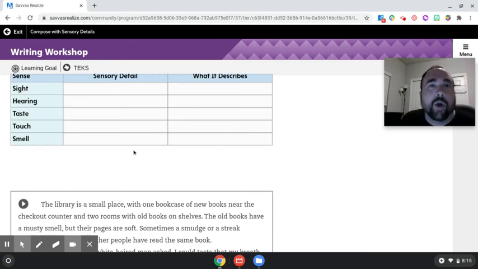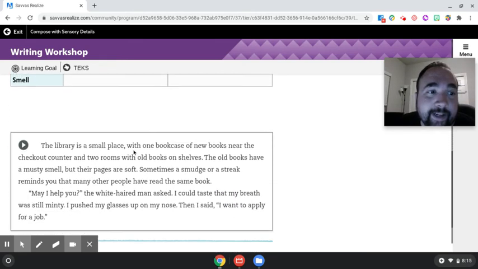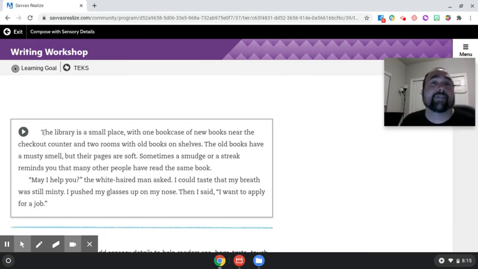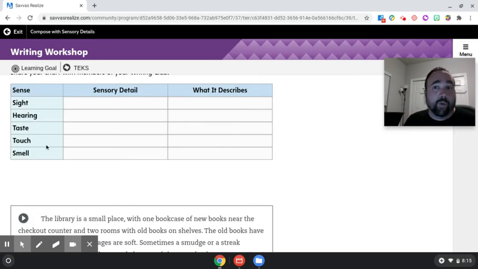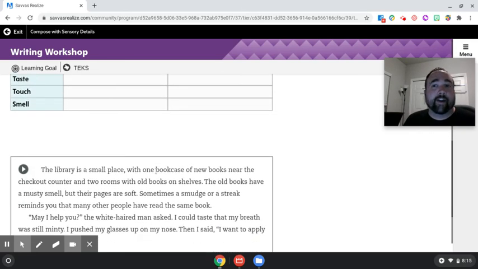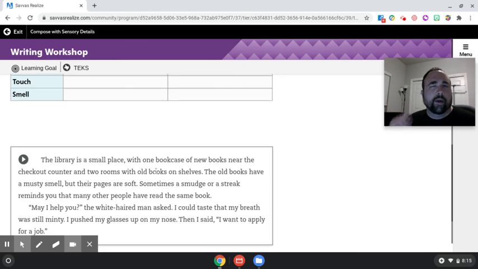Okay. The paragraphs you will be reading are right down here. It's plural. There are 2. You will read these and you will find a sensory detail for each one. Because Mr. Herring is nice, Mr. Herring is going to help you with one of them to show you what I'm talking about.